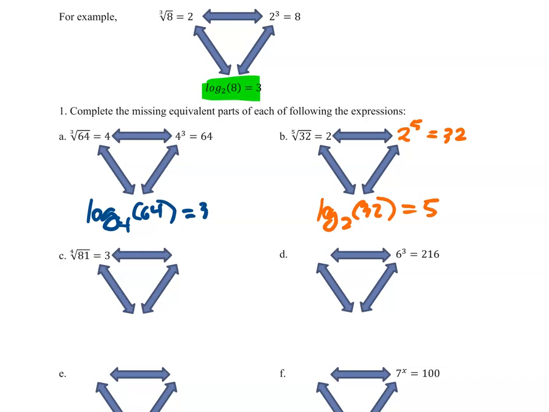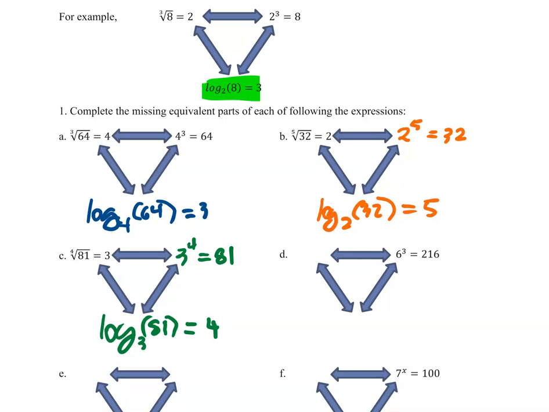Letter C, the fourth root of 81 is equal to 3. So we can rewrite this as 3 to the power of 4 is equal to 81. 3 times 3 times 3 times 3 is 81. And in log form, log base 3 of 81 is equal to 4.